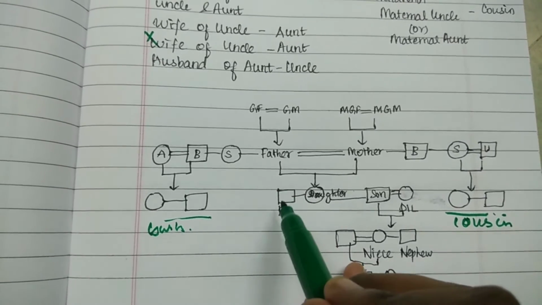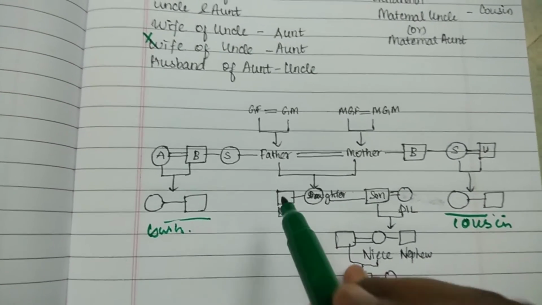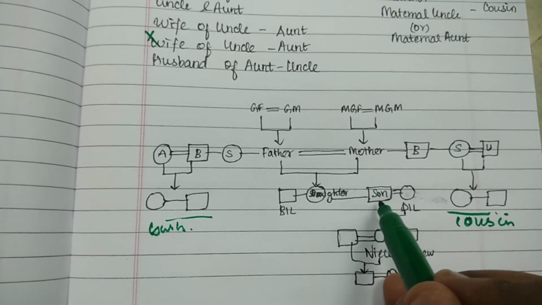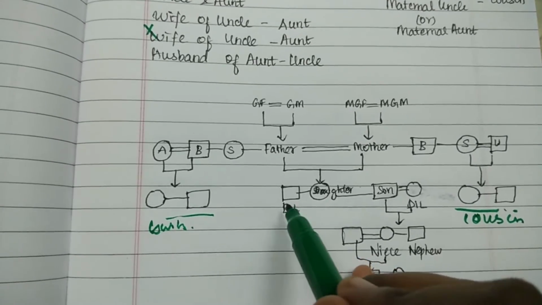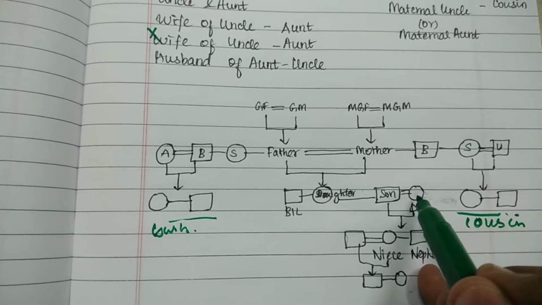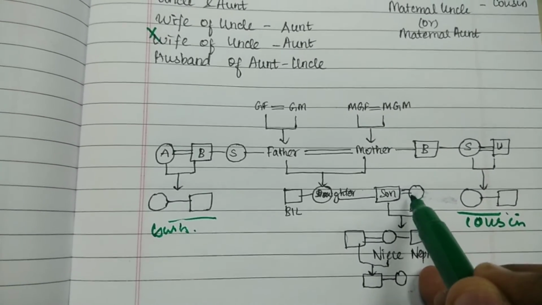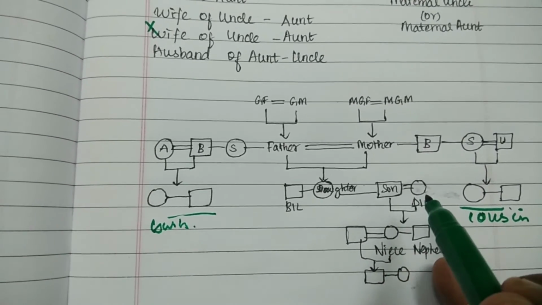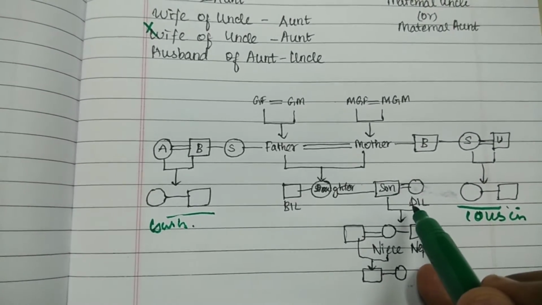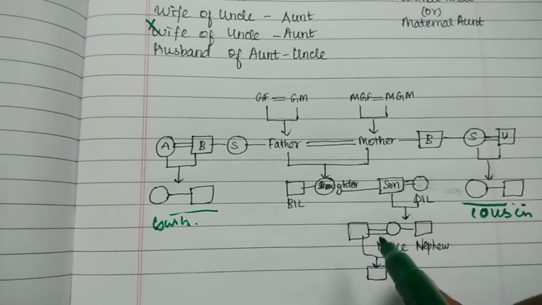Now I am marrying a person. That person will be my husband. I have a brother, and my brother will call this person brother-in-law. Now my brother is marrying a girl, and my mother and father will call her daughter-in-law.